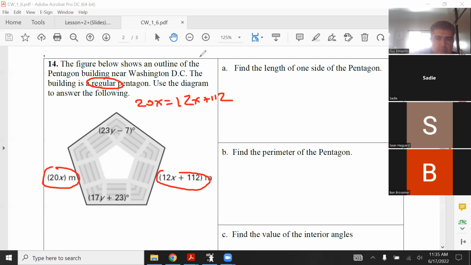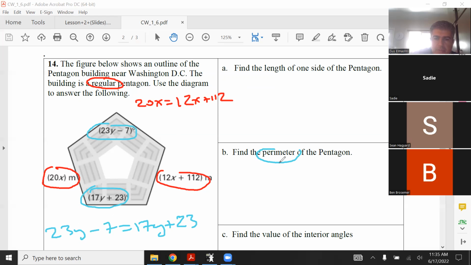Also, all the angles are the same. You're given 2 of those angles there. Okay. So go ahead and work this out.